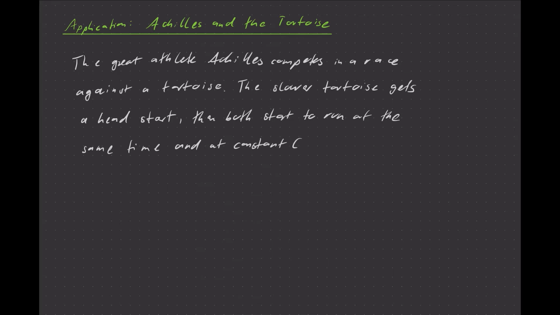But of course, the speeds of both are different. So the tortoise is slower than Achilles. After just a few seconds, Achilles will reach the point where the tortoise has started, but at that time the tortoise will have moved on.